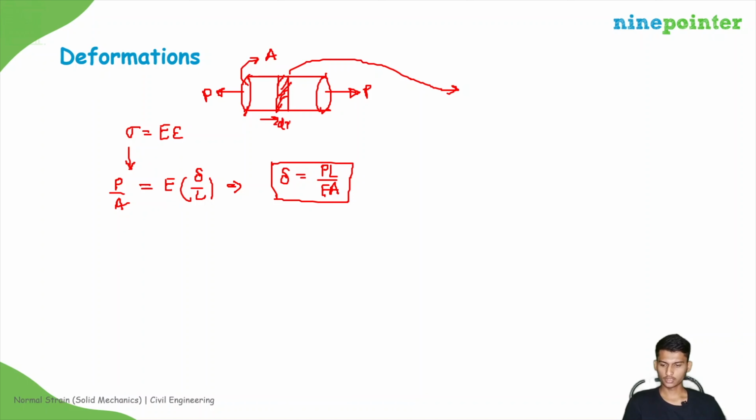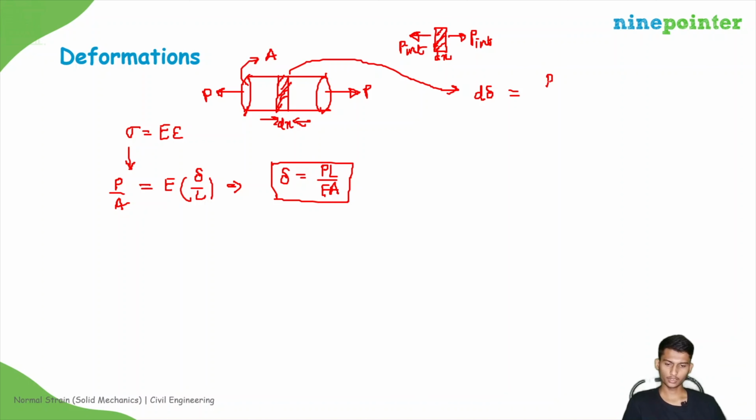So suppose we consider a small element dx. Then d delta, the deformation of this small dx element, will be the internal force, if you take the free body diagram of this dx, will be subjected to some P internal that can be found by equilibrium.